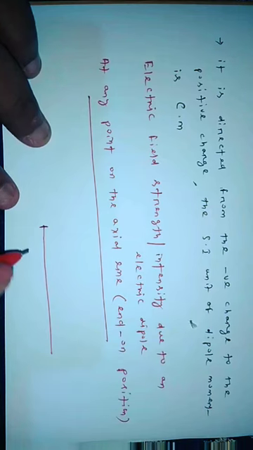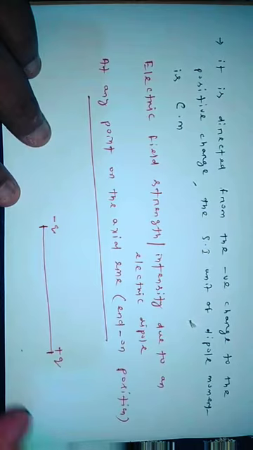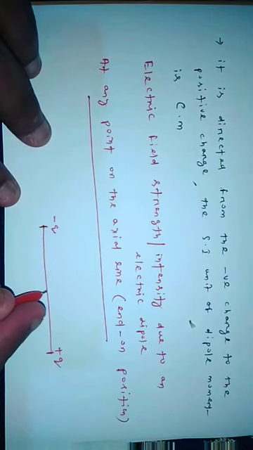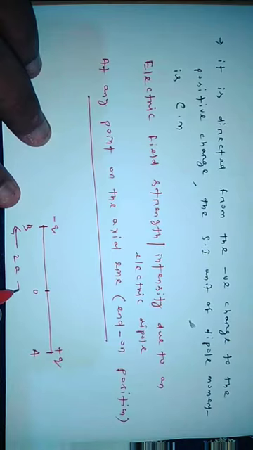Suppose this is an electric dipole consisting of two charges minus q and plus q. This is the center of the dipole. Okay, this is point P and this is point A. Dipole length is 2A.